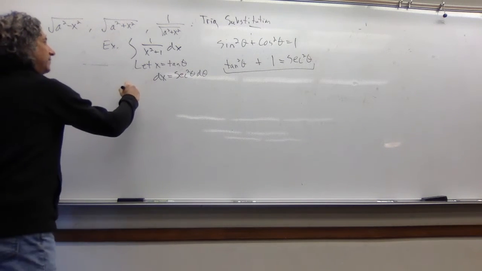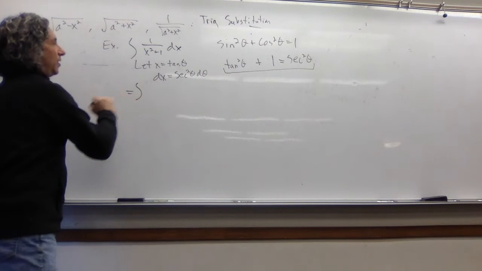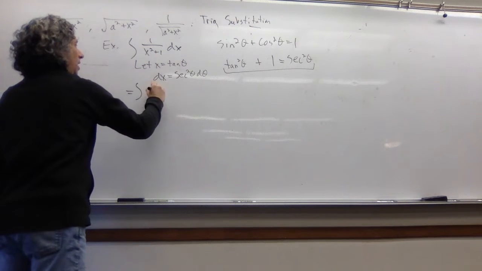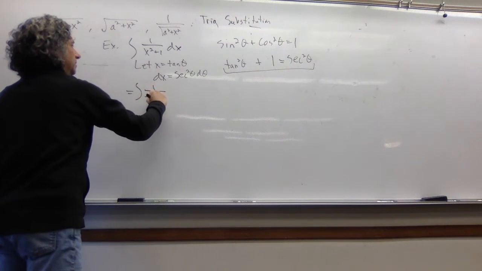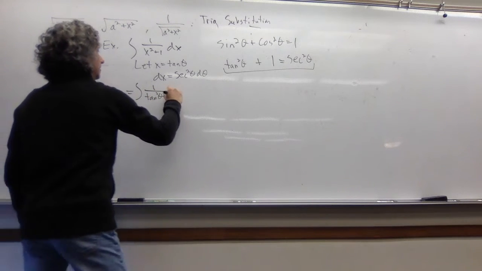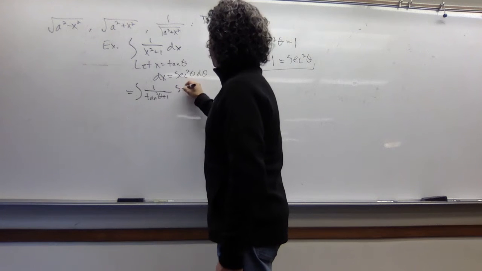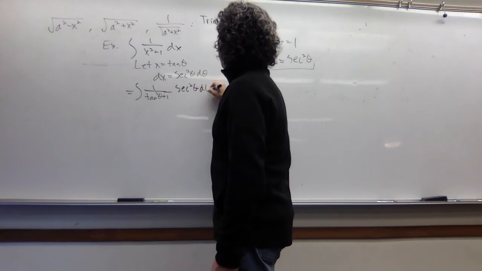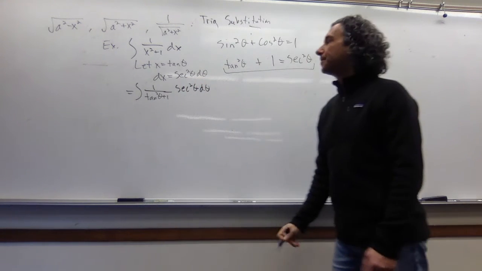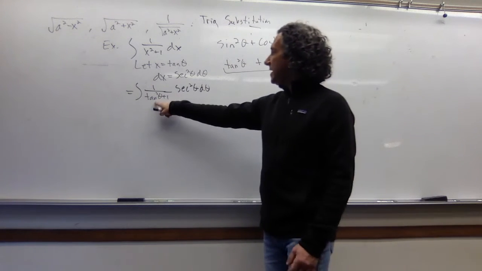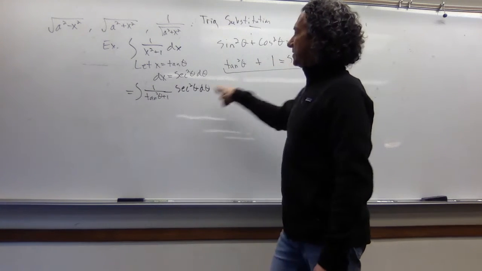So let's see what we have. This guy is the integral of 1 over tan squared theta plus 1, dx is secant squared theta d theta. Tan squared theta plus 1 is secant squared theta.